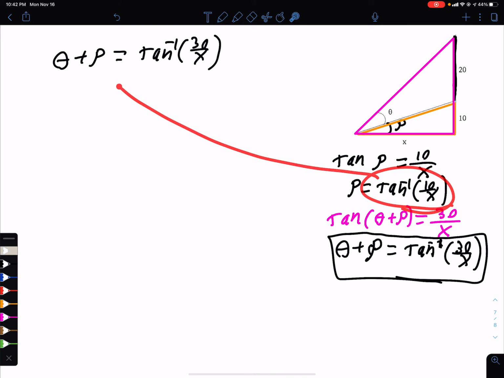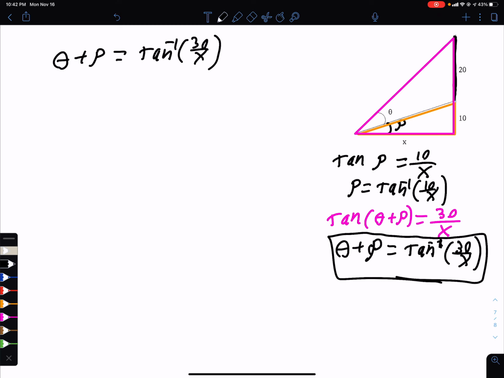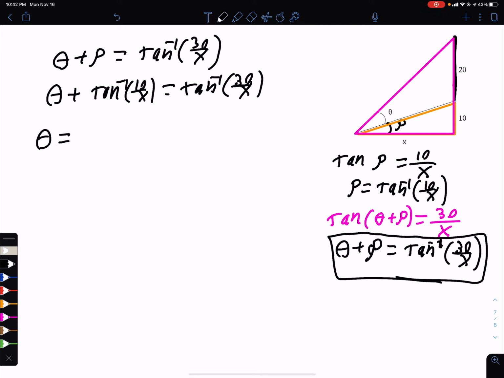It's right there. We're going to place that in for rho, so we only have one variable. Rho is arctan of 10 over x. Well, I'm going to subtract this from both sides, and we're going to get this beautiful formula.